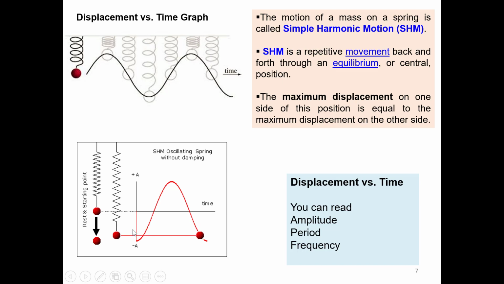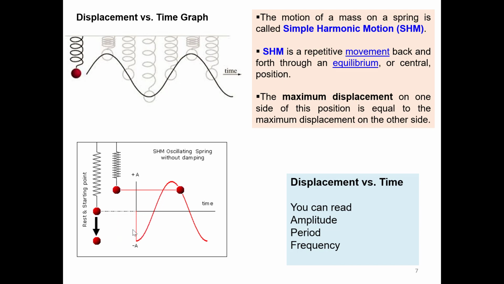Then the motion of a mass on a spring is called simple harmonic motion. Simple harmonic motion is just a repetitive movement back and forth through an equilibrium or central position. We already discussed that before.